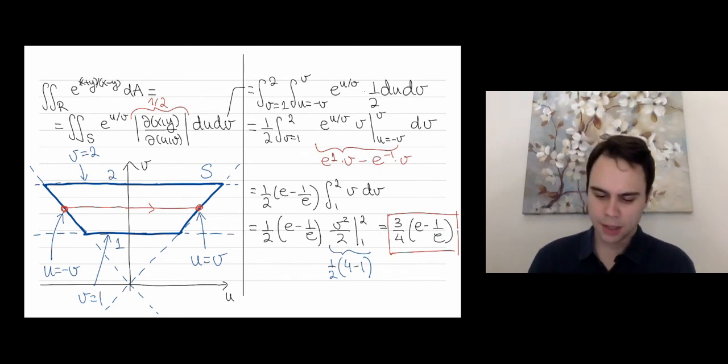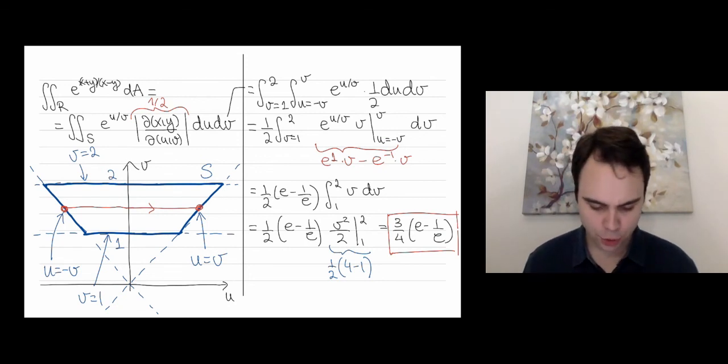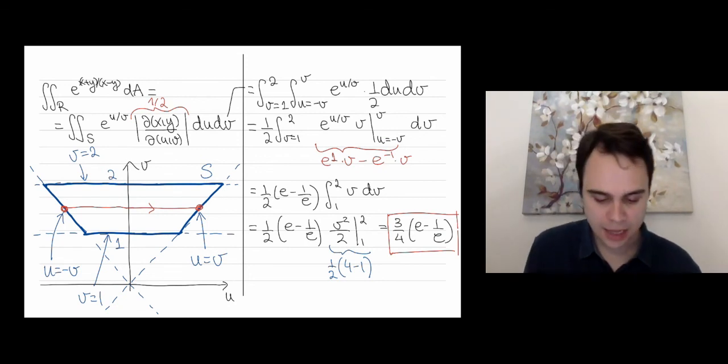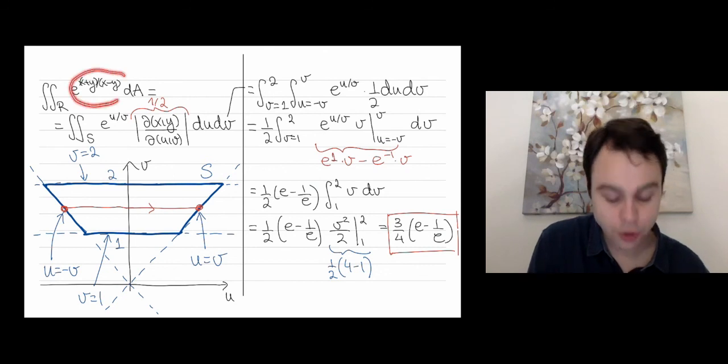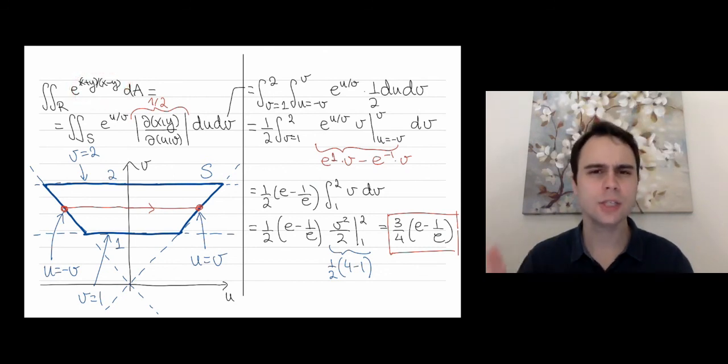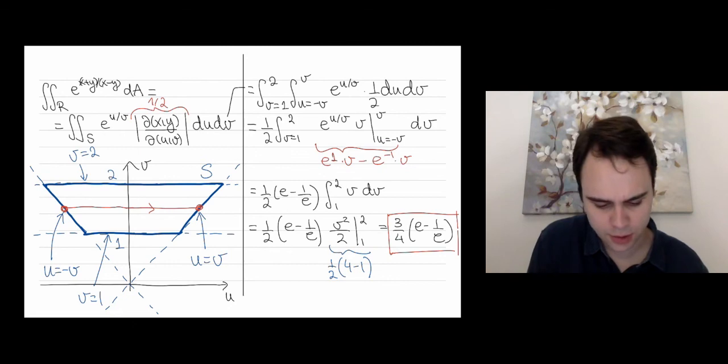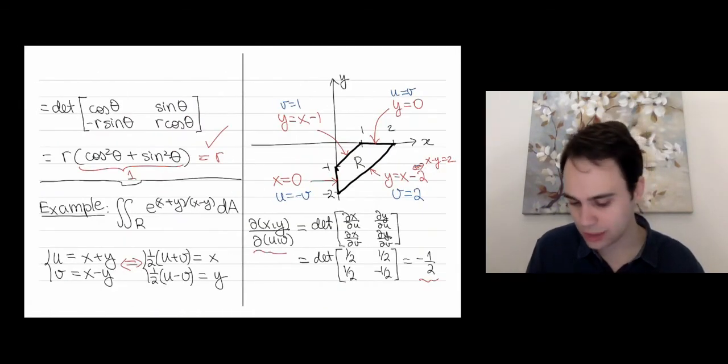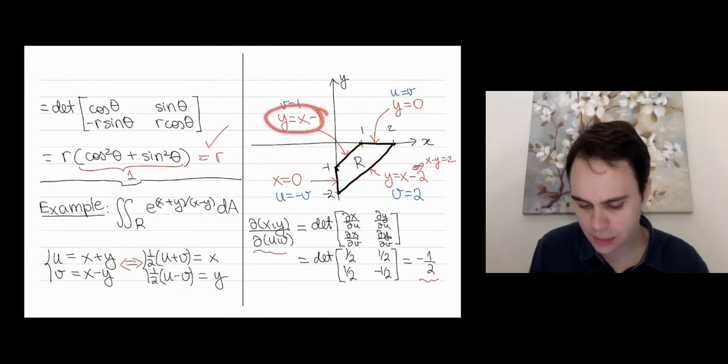My recommendation is you should look for expressions that appear in the function you're integrating, combinations of x and y that appear throughout, and try to see if you can express the region of integration in terms of the same combinations.